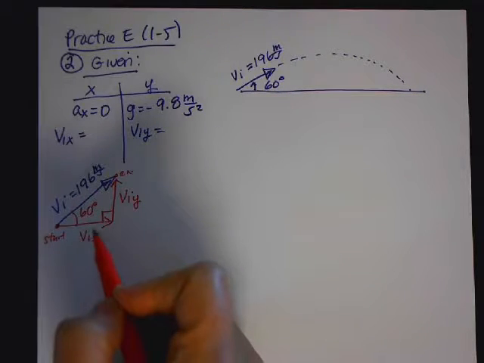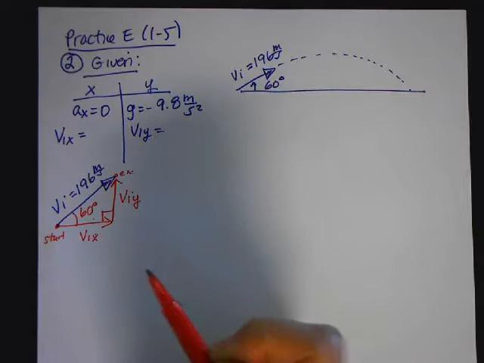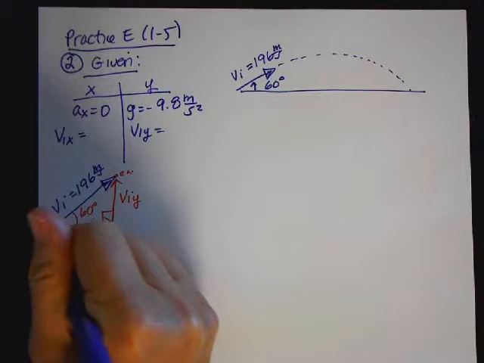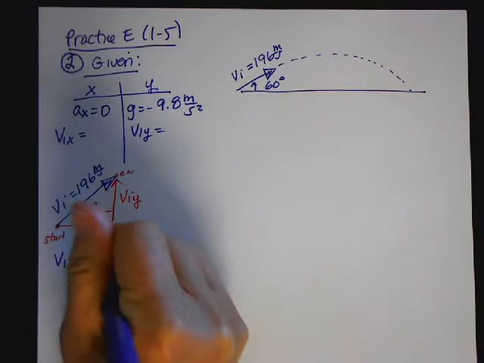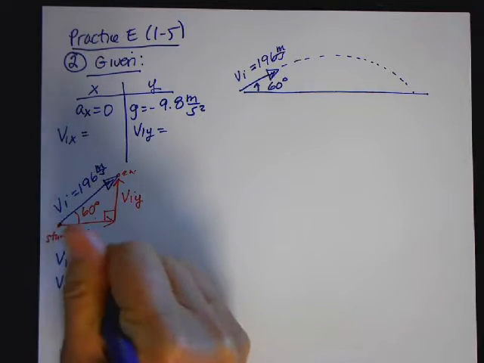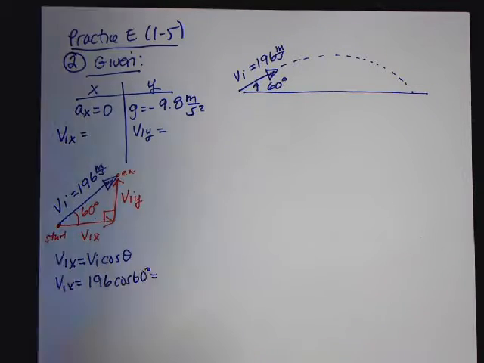Well, I see VIX is adjacent to the given angle, and cosine of theta is adjacent over hypotenuse. So I know that VIX is equal to VI cosine of theta. So VIX is equal to 196 cosine of 60 degrees.